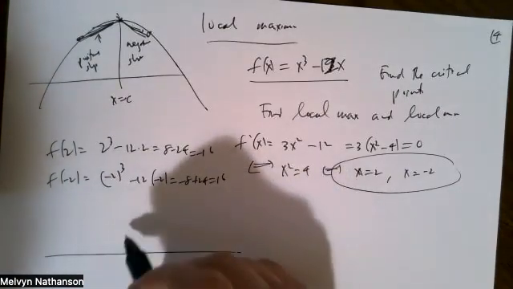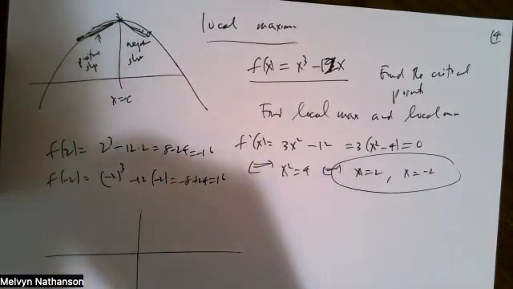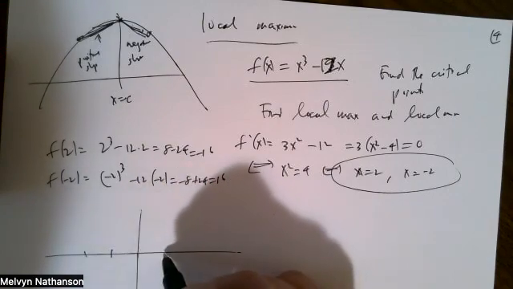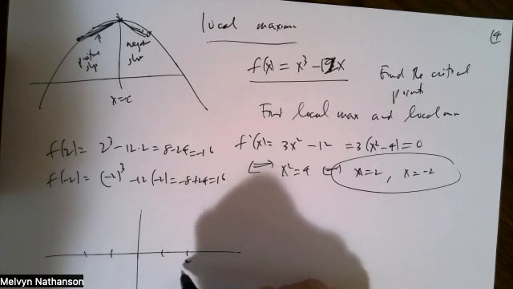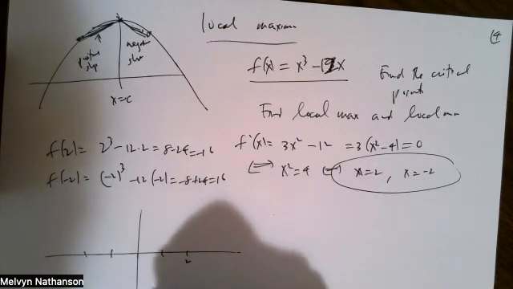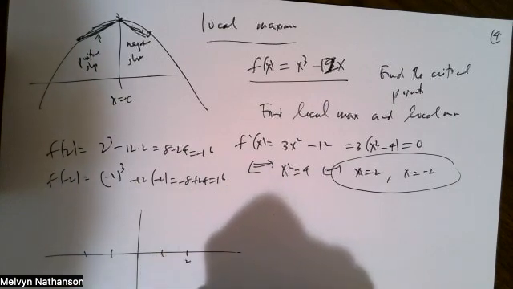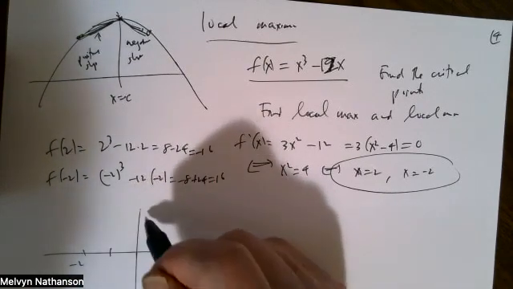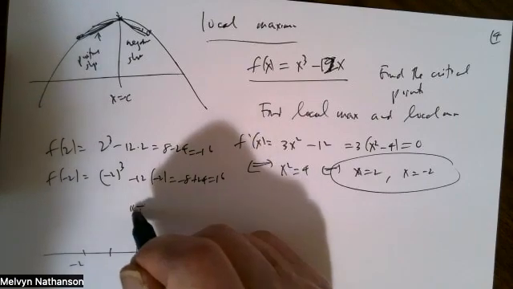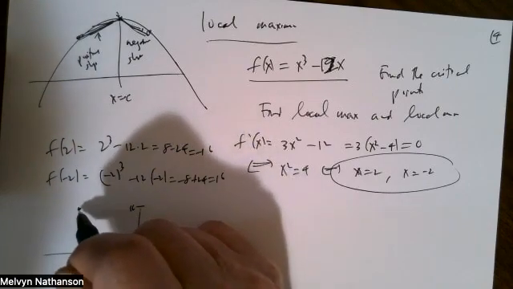So for this function, at x = 2, the function takes on the value −16. At x = −2, the function takes on the value plus 16.